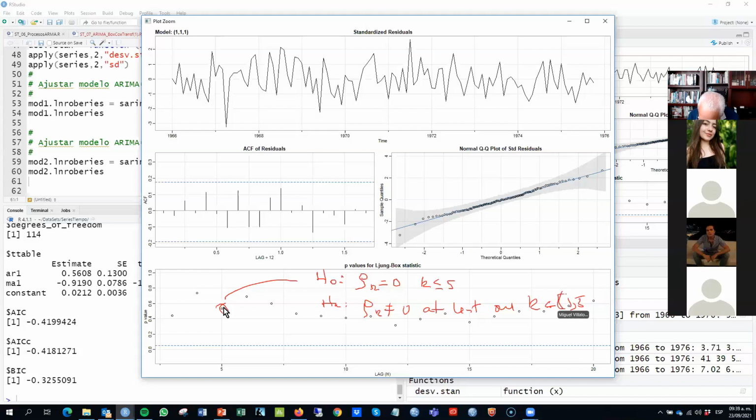Okay, that's the hypothesis that's being tested. So since this p-value is very large, I do not have evidence to reject the null hypothesis that the first 5 autocorrelations are 0.